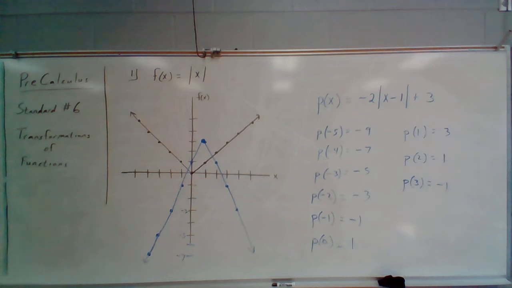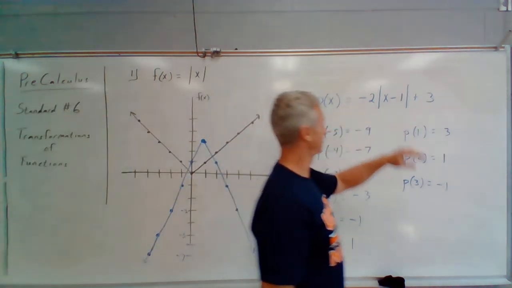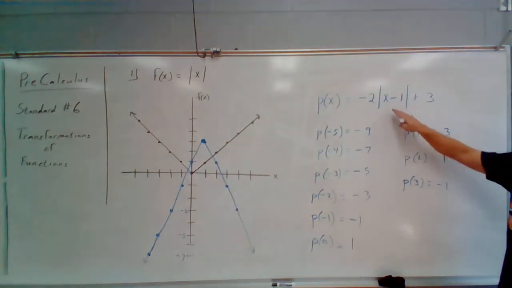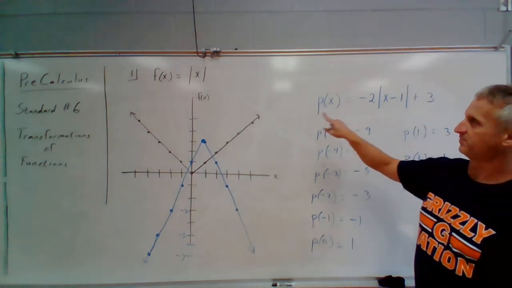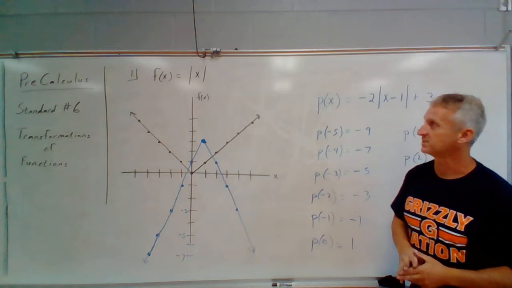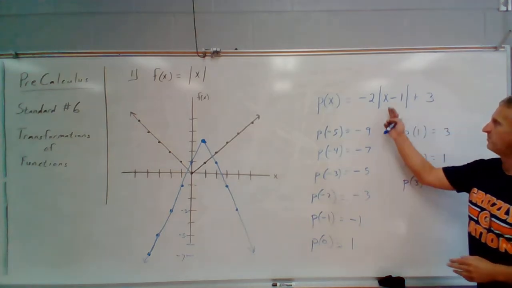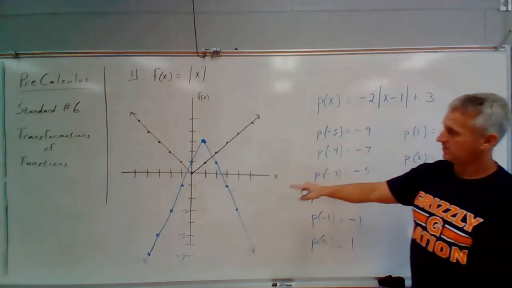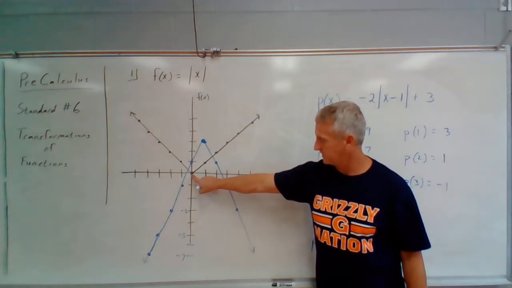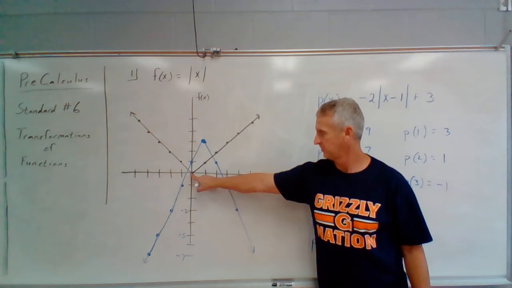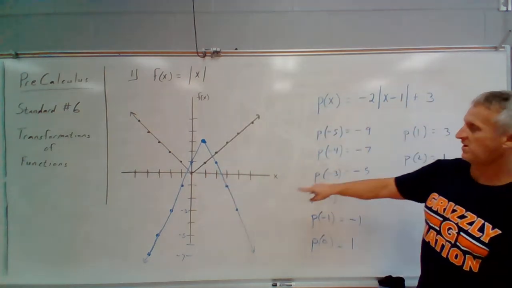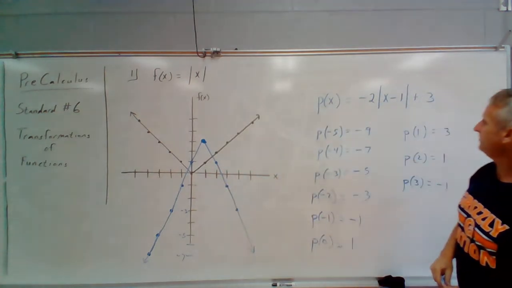Okay, so let's notice some things about this function. First of all, inside of the absolute value, I had a minus 1. So sort of inside of those parentheses like the previous examples, the minus 1 took this original point and shifted it right 1 spot. Okay.